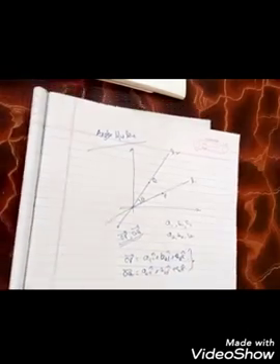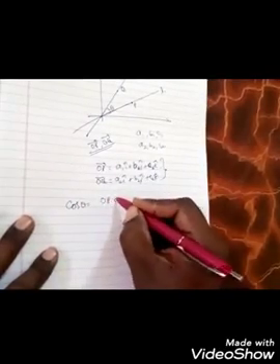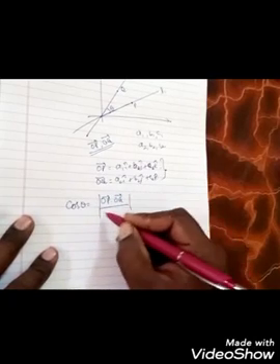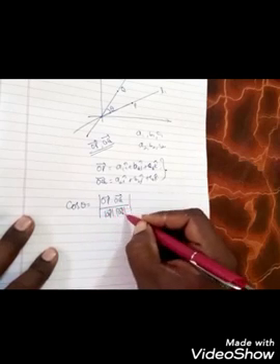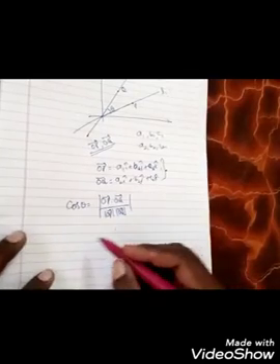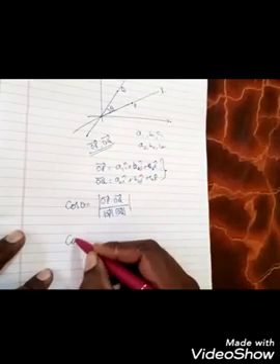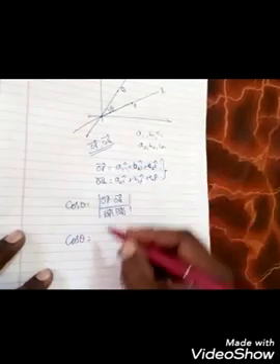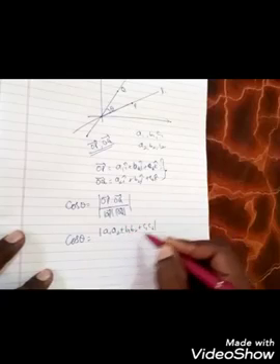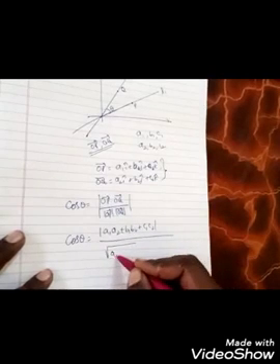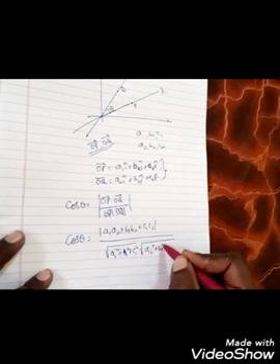Now, theta is the acute angle, no? Therefore cos theta is equal to the modulus of OP bar dot OQ bar by modulus of OP bar into modulus of OQ bar. Since the acute angle is given, we have to take the modulus. Calculating OP bar dot OQ bar, cos theta is equal to A1 A2 plus B1 B2 plus C1 C2 by root of A1 square plus B1 square plus C1 square into root of A2 square plus B2 square plus C2 square.